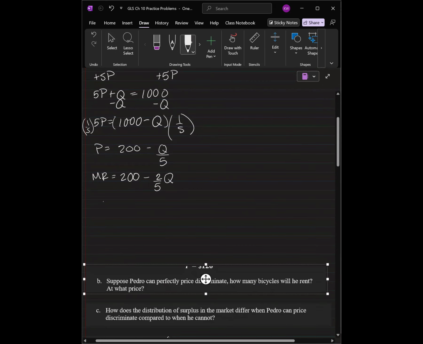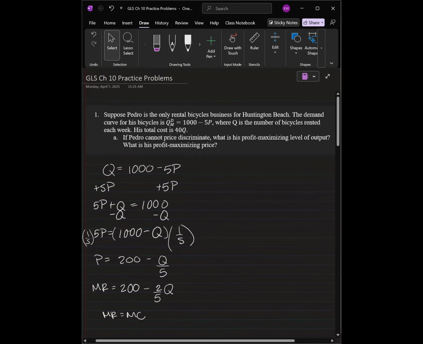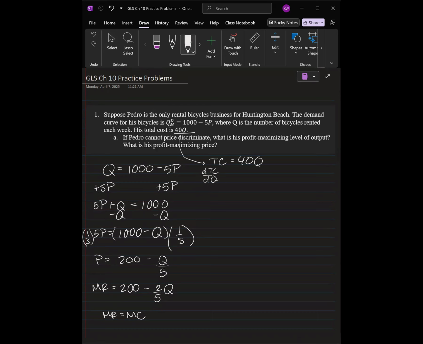And we know that monopolists produce where marginal revenue equals marginal costs. So we have marginal revenue, but we don't have marginal costs. So if we go back up to our givens, we can see that Pedro's total costs are 40Q. And so if we take the derivative of total costs with respect to output, that gives us marginal costs. So we know his marginal costs then are constant at 40.